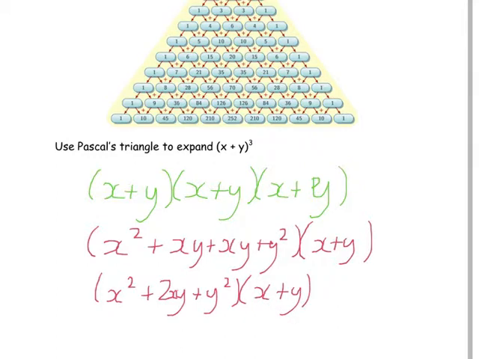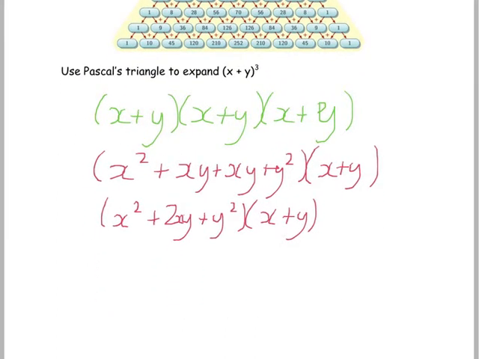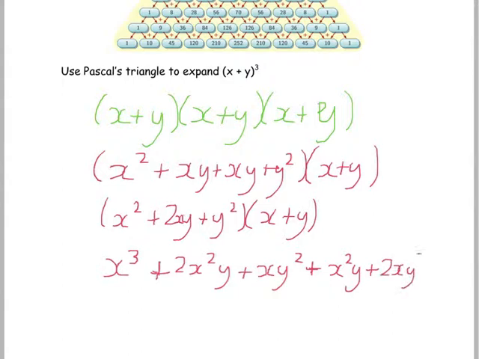Now if we expand that, we're going to get x cubed, so multiplying everyone by x first, plus 2x squared y plus xy squared. Now if we go through and do everything multiplied by the y, so we're going to have x squared y plus 2xy squared plus y cubed.